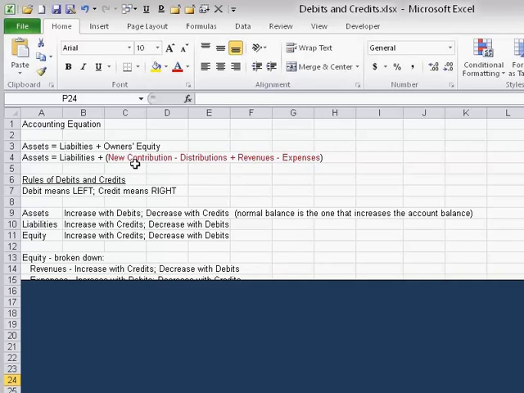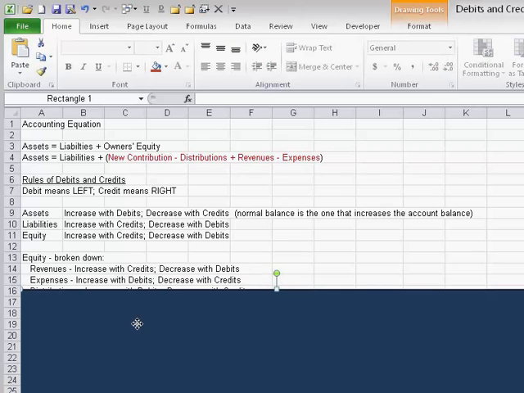So we've got increases of new contributions minus distributions plus revenues minus expenses. So it would make sense that revenues will increase with a credit and decrease with a debit. Now, if you can't logically understand it at this point, that's okay. Just memorize the rules or keep a cheat sheet available. You might want to pause this presentation and take a screen print of it so that you have that in front of you. Now, expenses go the opposite way.